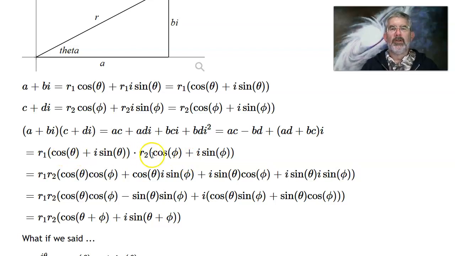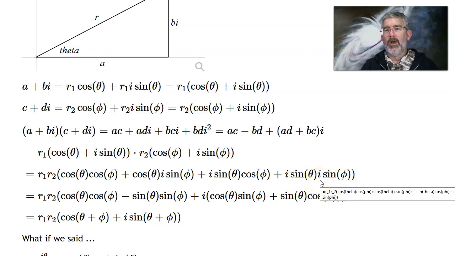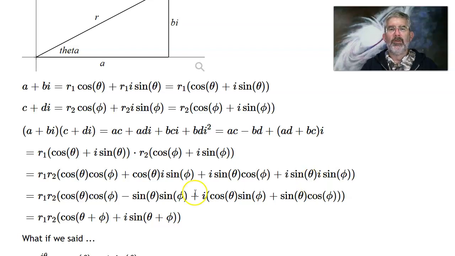So I'm going to have the cosine theta cosine phi, there's my firsts, cosine theta I sine phi, that's the outsides, I sine theta cosine phi, that's the insides, and the last would be I squared sine theta sine phi. Okay. And again, the I squared is going to turn into a minus 1, and so the real part of this solution is this first term and the last term, but with a minus sign in between.